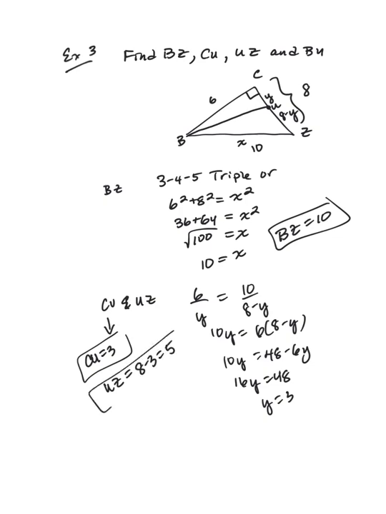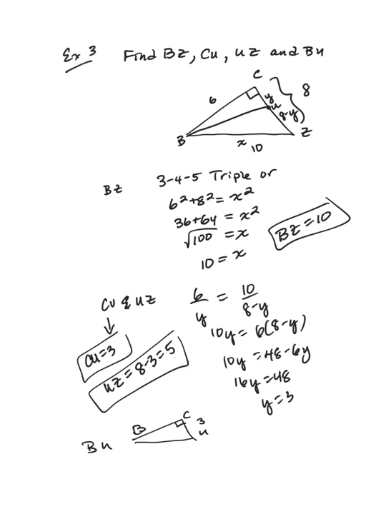And the last thing I want to find is BU. So in order to find BU, I have to use the Pythagorean theorem again. So now I have this little skinny right triangle here, right? This is BCU.